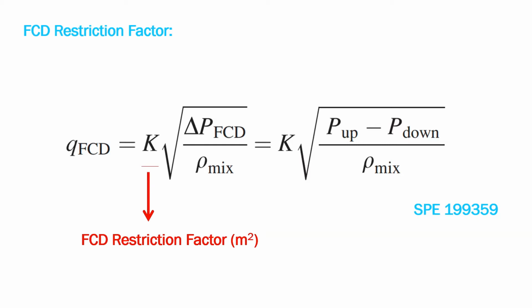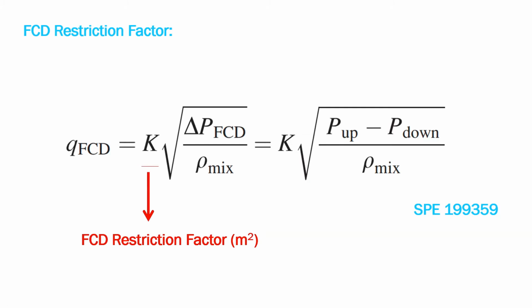We match it in a way that the software can read and use it for the reservoir engineering aspect and the interaction between the FCD and the reservoir. So what the KFCD, or FCD restoration factor, provides is this: if you have a rate and you know the K, you can calculate the delta P of the FCD if you know the density of the mixture passing through.